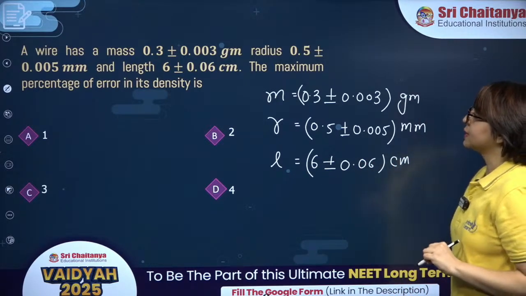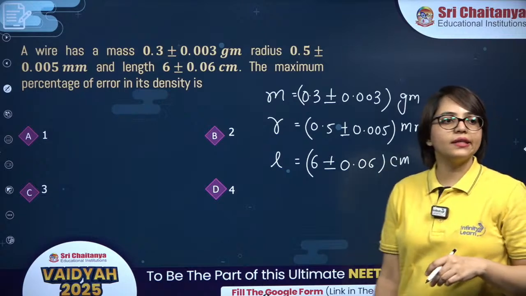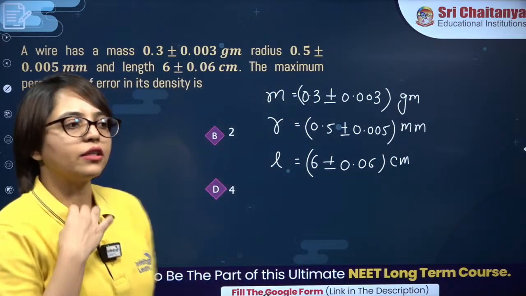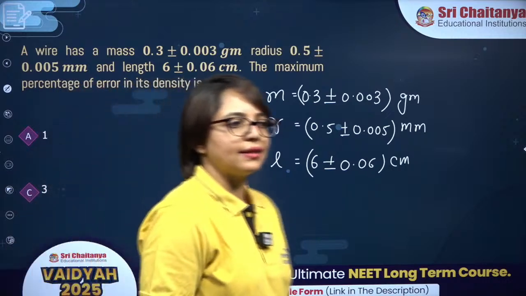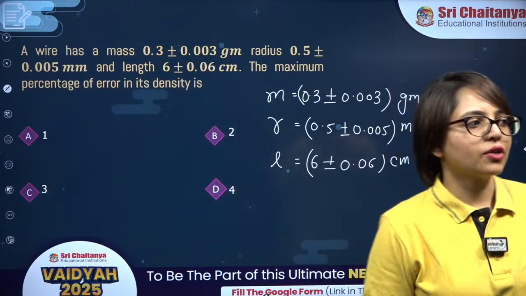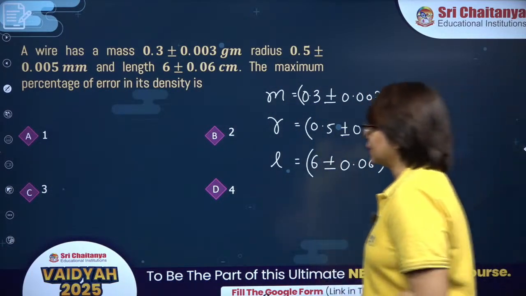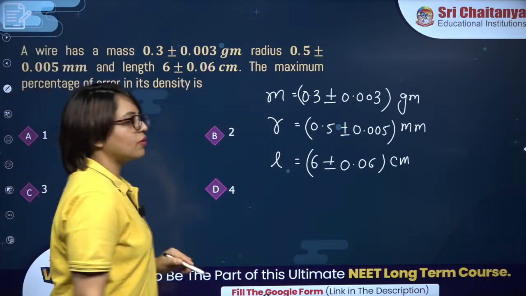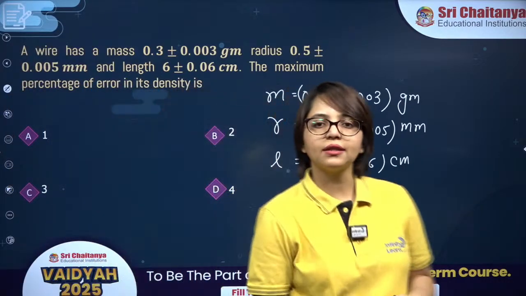You have to find the maximum percentage of error in the density of the wire. Try this one, everyone. This is very simple.